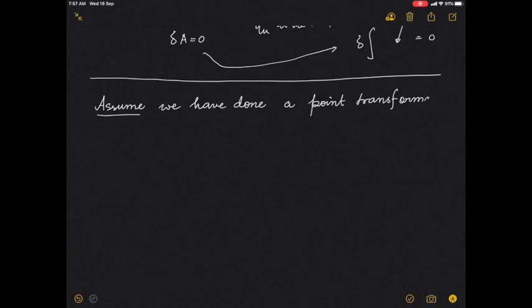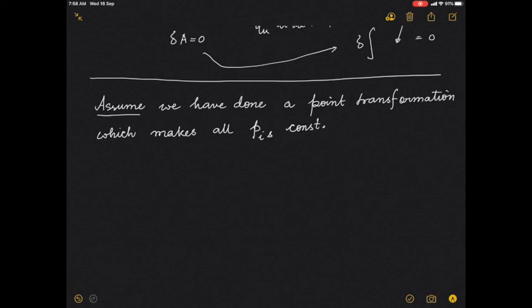So we are assuming that we have been able to do a point transformation which makes all Pi's constant. Let's have that fantasy that by some miracle we have done a point transformation where all Pi's are constant, say alpha i.